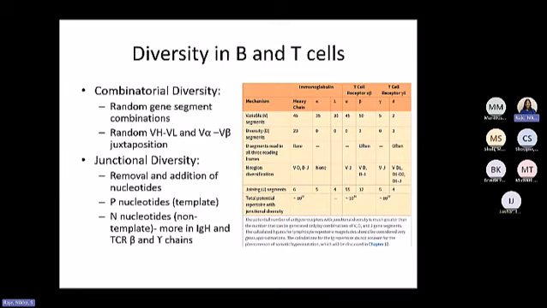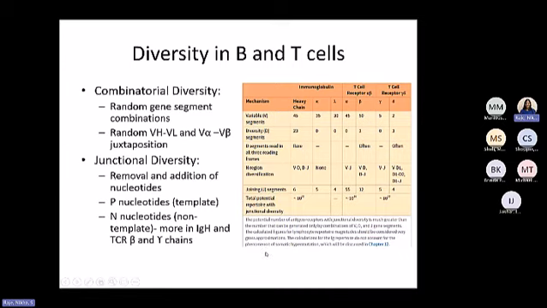The junctional diversity is also provided. Remember, we talked about that addition of nucleotides at those ends by TdT. There are nucleotides that are added to the junction of those segments that provide the junctional diversity. So there are two types of nucleotides that are added to the ends by TdT.